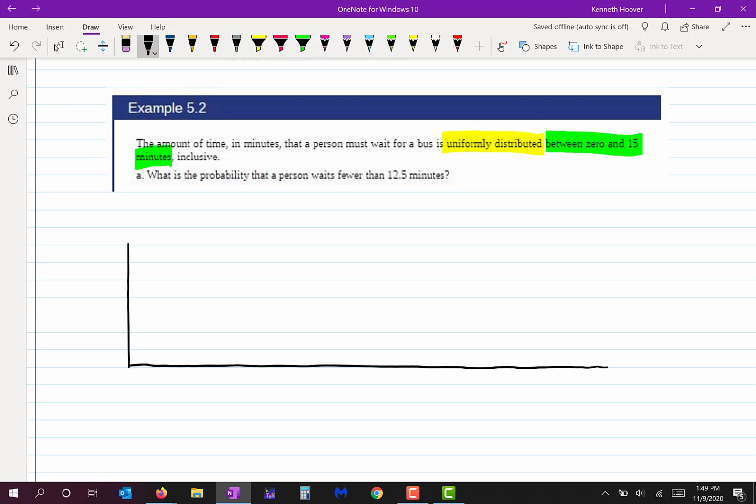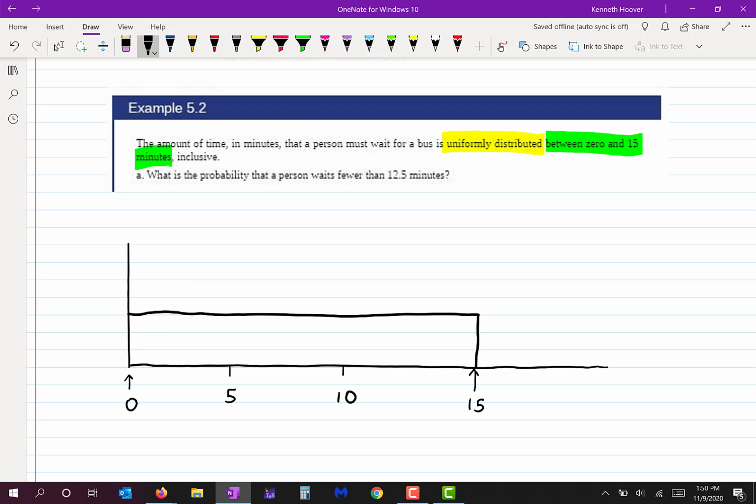So we go from 0 to 15, and we draw a constant function straight across. There's the probability distribution. Now, just to make things easier, let's mark off 5, 10, and 15.